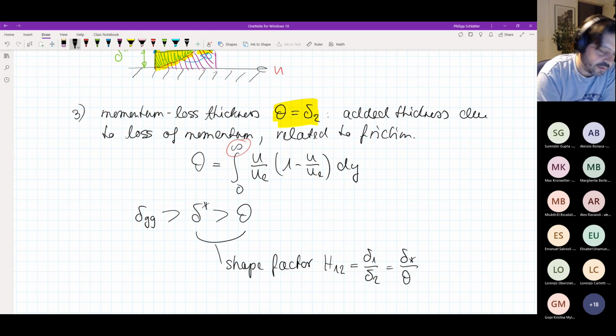And this ratio is actually something quite important because it gives you some information on the internal structure of the boundary layer, because it connects essentially the mass and the momentum transfer in the boundary layer.